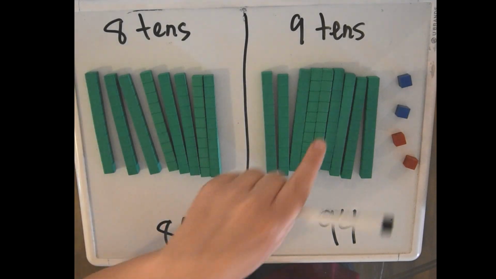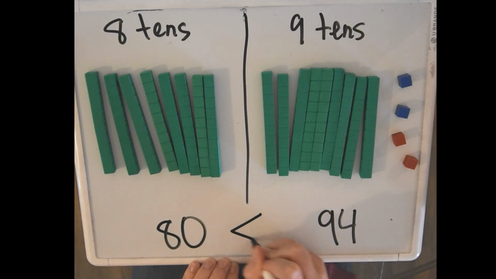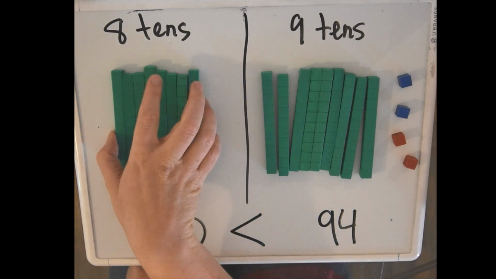So 80 is less than 90. So we know 80 is going to be less than 94, right? We don't even need to look at the ones place, because you always start with the tens. And if the tens are different, that will help you decide which number is less than. Okay, so 80 is less than 94.